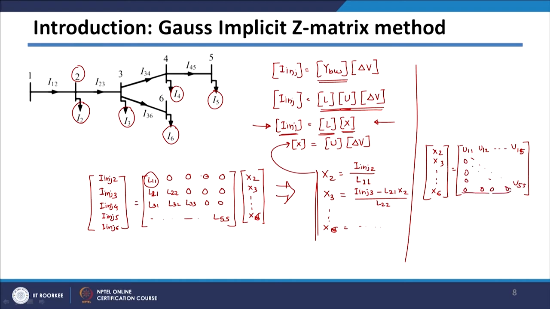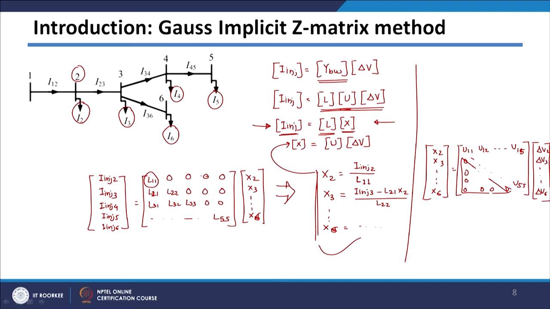So it is just an upper triangular matrix. Here also we can use the same procedure to get the right hand side, that is delta V2, delta V3 up to delta V6, so you can use the same scheme here.